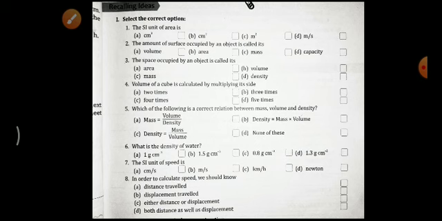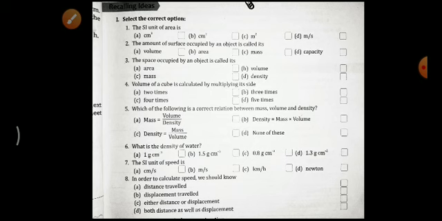Centimeter square is a unit of area but not the SI unit of area. But meter square is the unit of area in the SI system. So what will be the answer here? Yes, option C is the correct answer, that is meter square is the SI unit of area. Okay, I hope you have understood this one.